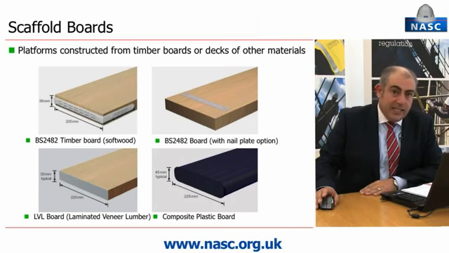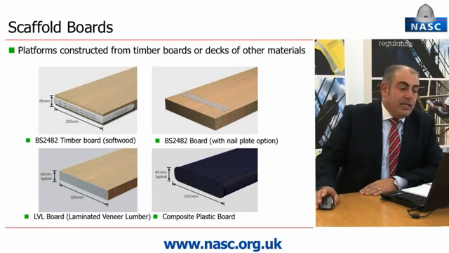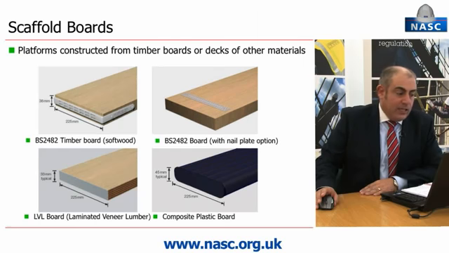We're pleased to see that TG20 identifies different types of scaffold board or decking used for the construction of scaffolding platforms. Scaffold boards need to conform to BS 2482, but TG20 recognises the use of boards with equivalent structural properties, such as laminated veneered lumber scaffold boards or composite plastic scaffold boards, providing that their weight is no greater than a BS 2482 scaffold board.